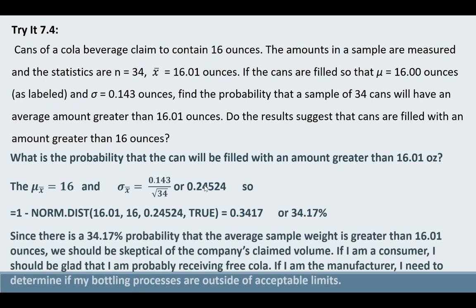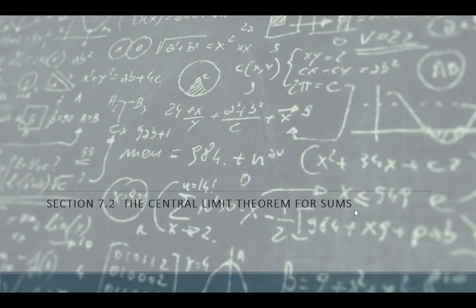So that's not a huge percentage, but if you were a manufacturer, more than a third of the cans are filled with more than the number of ounces that you want it to be. So you're sort of giving away free soda. So if you're a consumer, you might be happy to know this. But if you're the manufacturer, you might want to figure out what's going on and get that closer to the labeled 16 ounces. So that's the end of the video for 7.1.